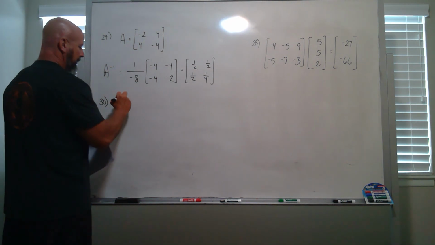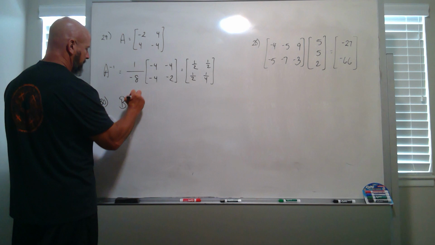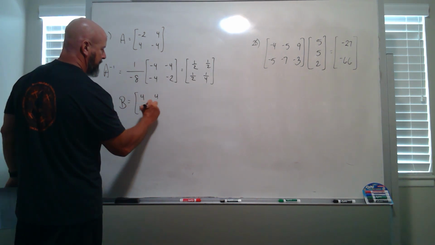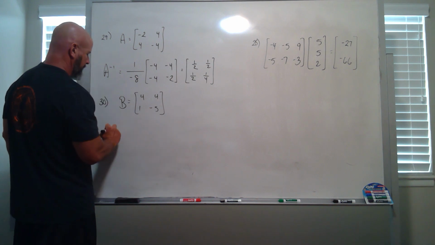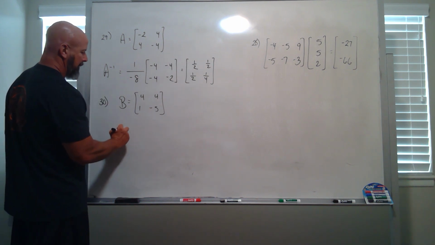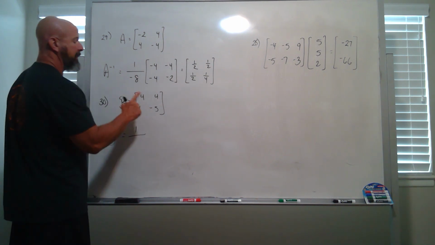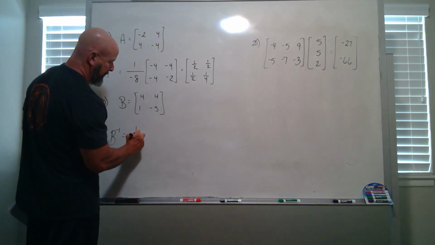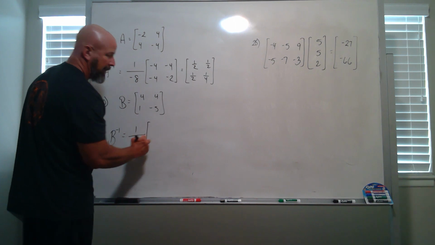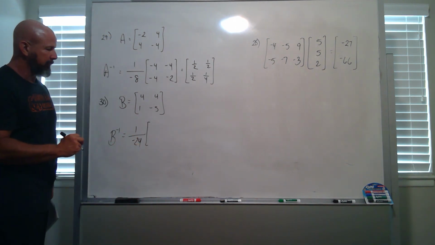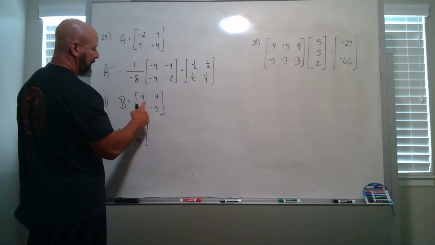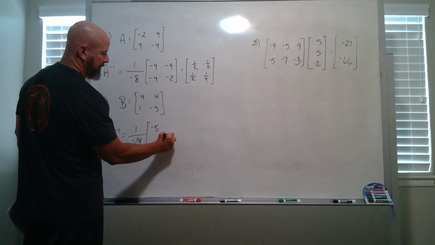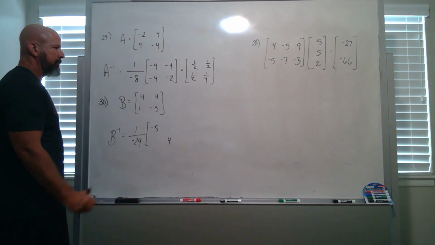30, I'll just call this one B. 4, 4, 1, negative 5. So B inverse, 1 divided by the determinant. So negative 20 minus 4, negative 24. And then these two switch places. I'm at negative 5 here, 4 there.